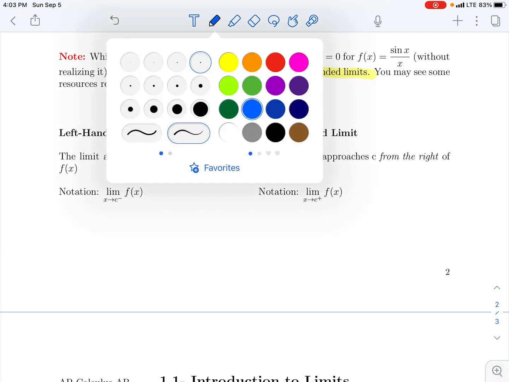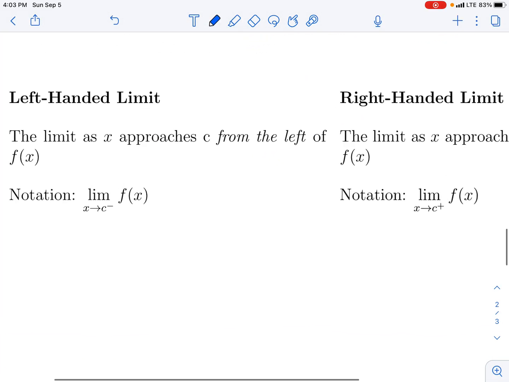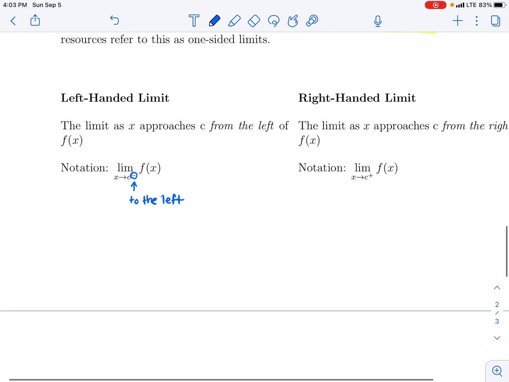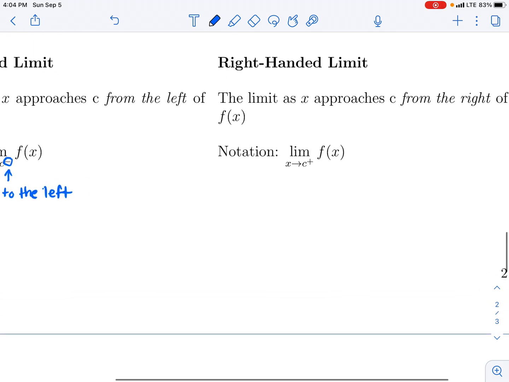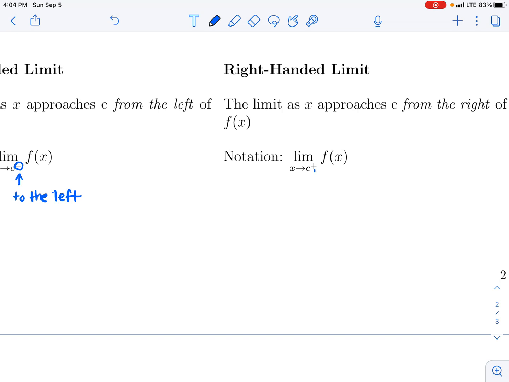You can notice this little dash above here. This means to the left. Then similarly for right-handed, we say the limit as x approaches c from the right of f of x, and we use this notation here. That little plus sign means to the right.